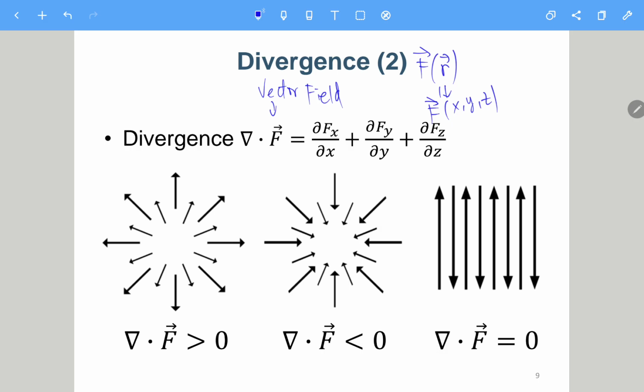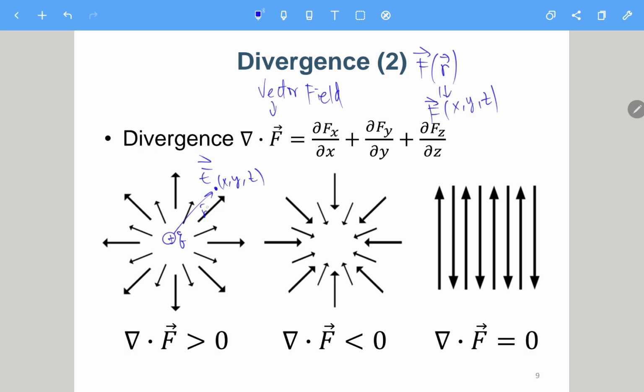Suppose you put a positive charge there, then it will generate an E field all pointing outward. So when you put in some coordinate x, y, z to a specific function, let's say E, this is called a vector field. It is defined on the whole space, the value is a vector, and the input is also a vector.